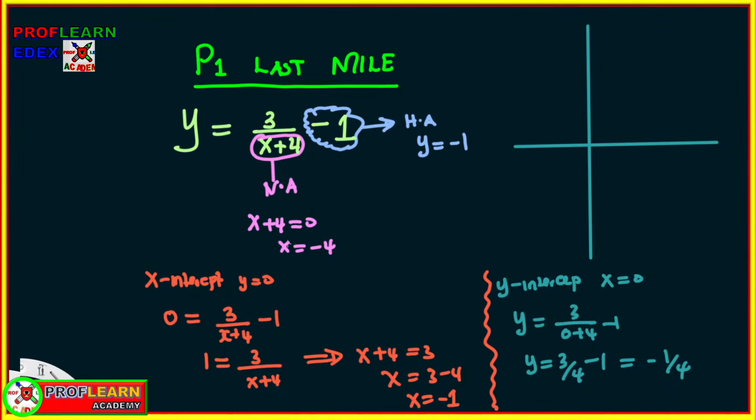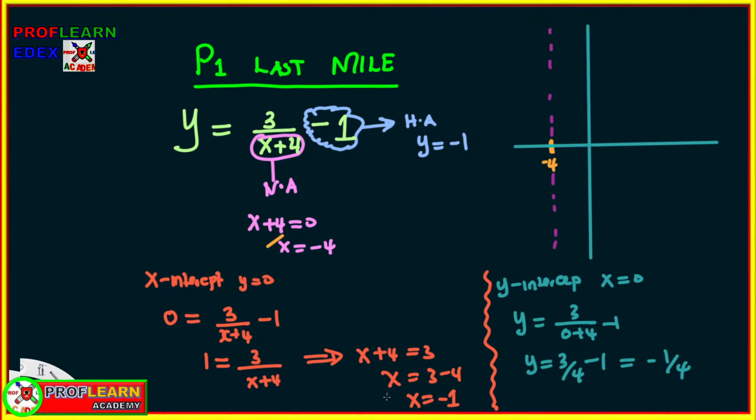And first, let's talk about the asymptotes. The vertical asymptote will be where x is equals to negative 4. So meaning this is going to be negative 4 here. And then if we are to draw that, we are going to draw a vertical asymptote passing through that point.